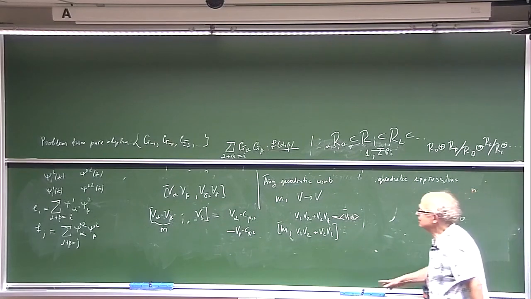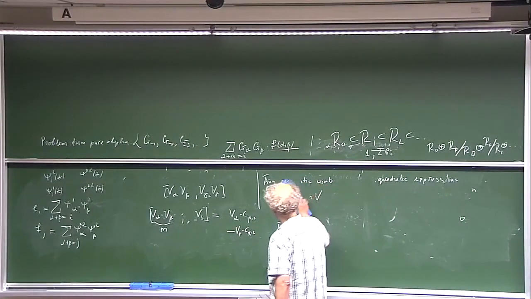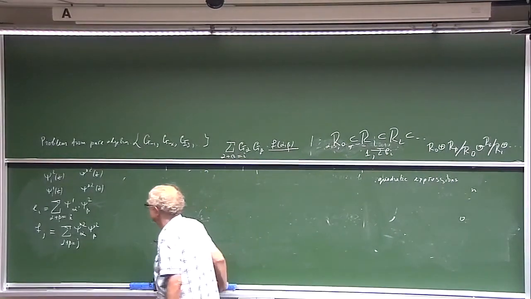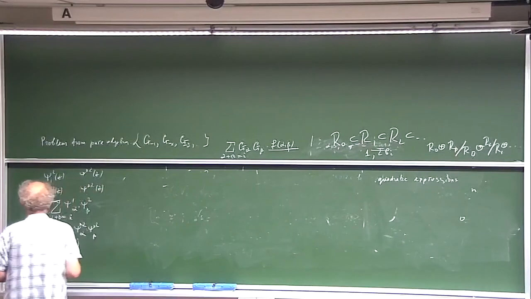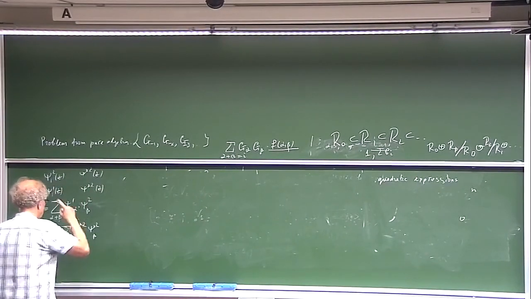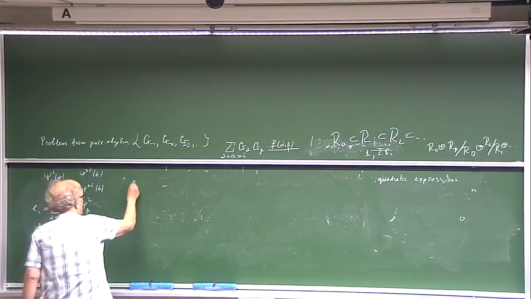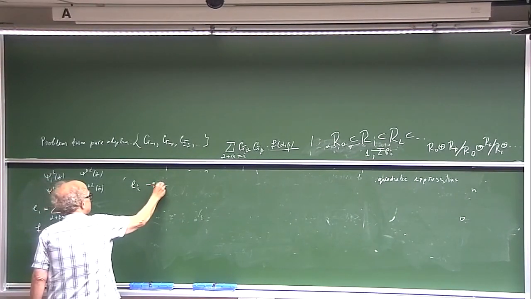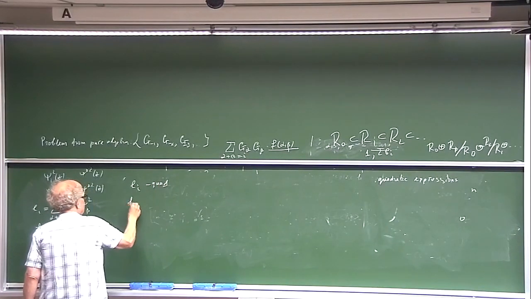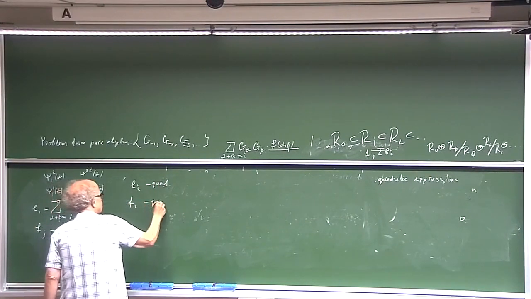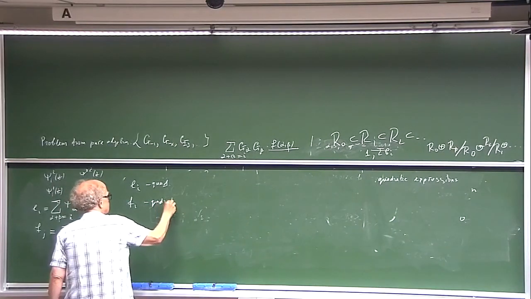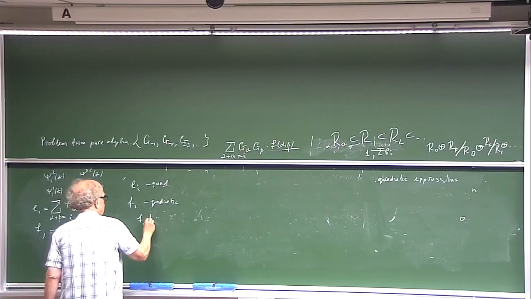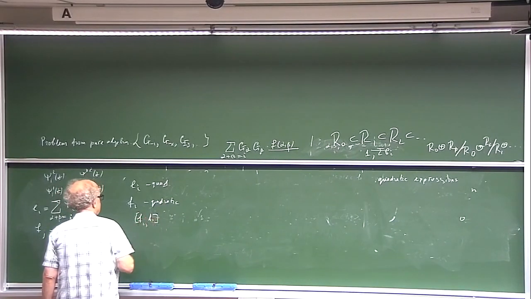And after that, if we have this in mind, then we can use it here. So I want E_i quadratic, F_i is also quadratic. And then I write down E_iF_j, and it is also quadratic.